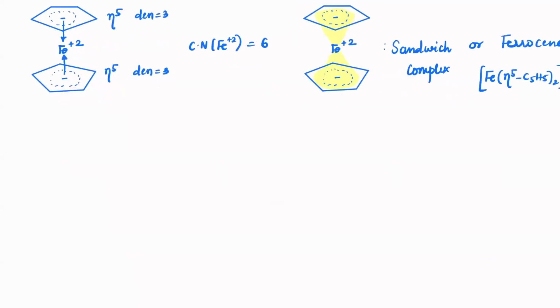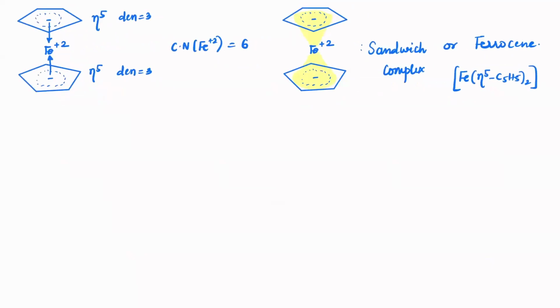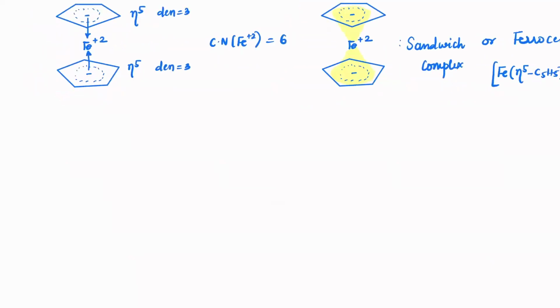Another one of a similar kind is called chromocene, that is chromium with eta power 6 C6H6. So basically this time it is a complete benzene making a sandwich form.